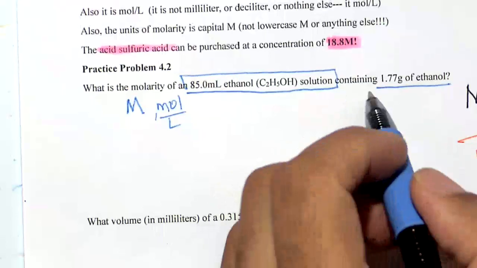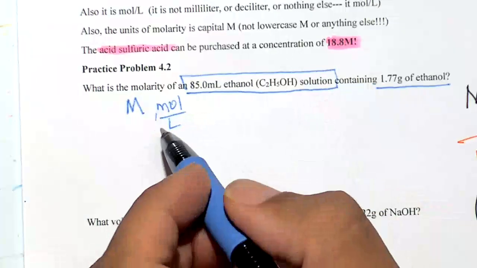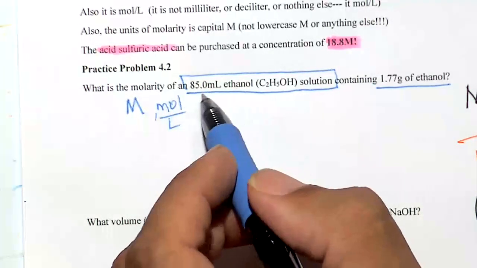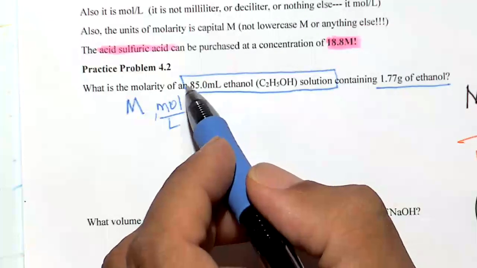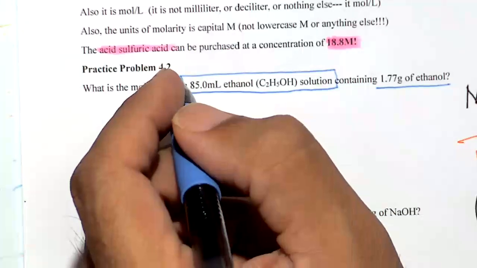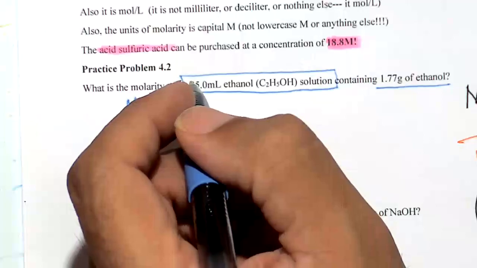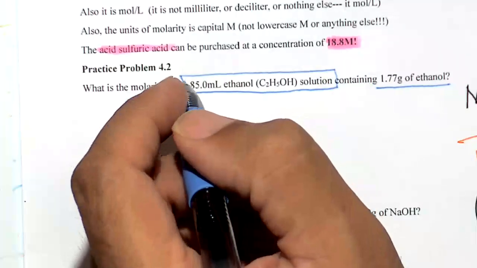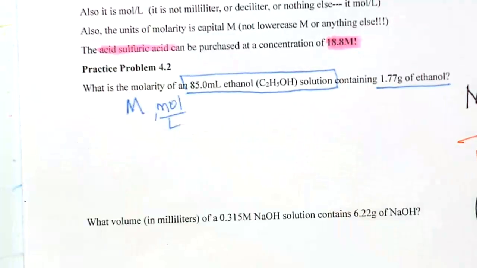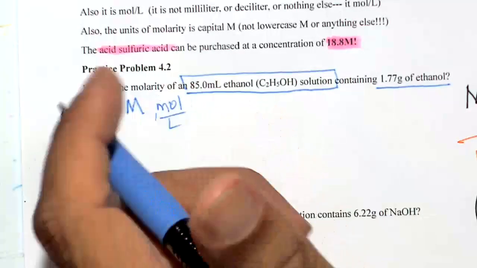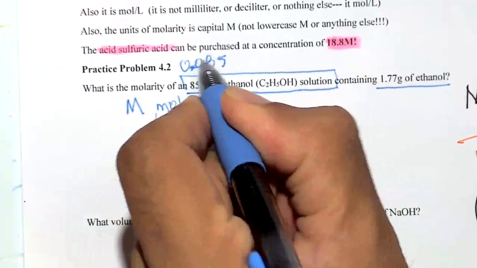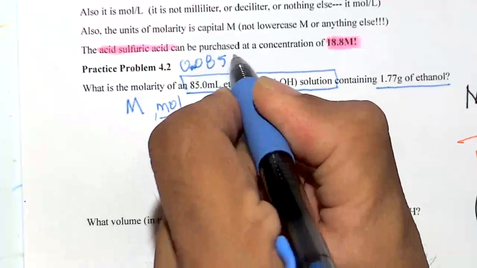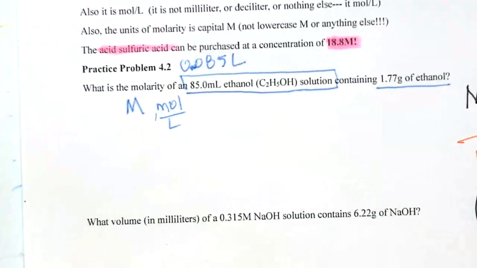We will take that 1.77 grams of ethanol, convert it to moles, and divide it by liters. What is this in liters? 0.085. You move it 3. 85 divided by 1,000.